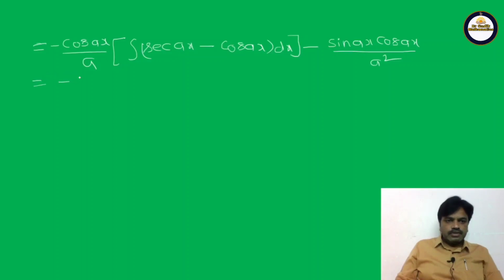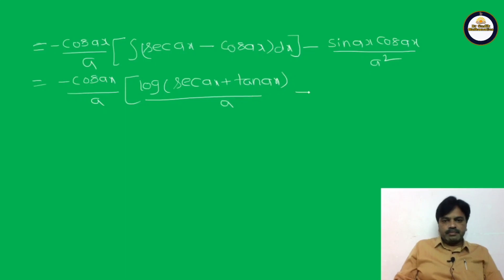So that is equal to minus cos ax by a, bracket integration of secant ax, we get log of secant ax plus tan ax by a, minus integral of cos ax is sin ax by a, bracket close, minus sin ax cos ax by a square.